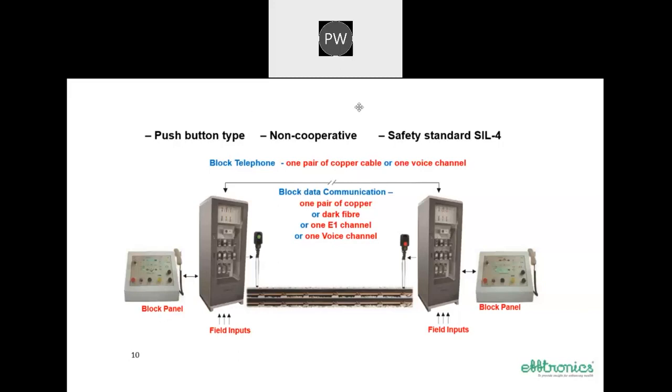Sir, there is one question in the chat box. How does the system prioritize the communication type that is connected to it? Actually, we are using two channels, let us say the voice channel of OFC and the even channel of OFC. We know that even is better than voice, so by default the system is connected to even only.